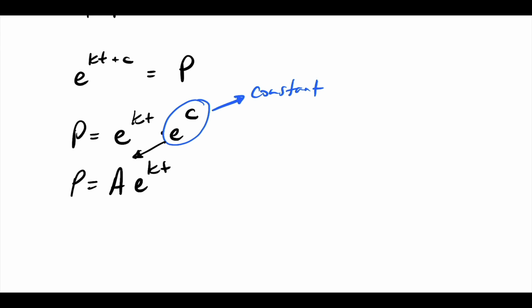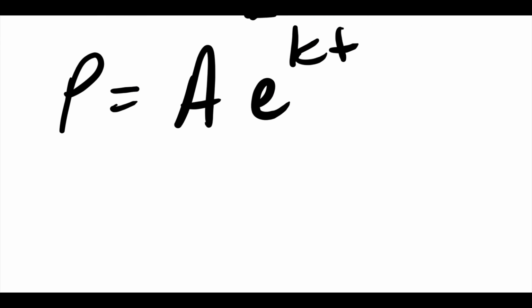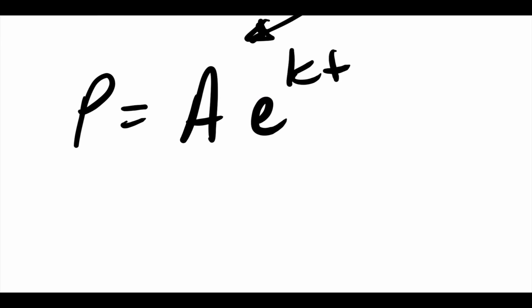How many variables do I have in this equation here? One, none, a million. How many do I have? Two, yeah. Which two are they? P and T, right? K is a number too.